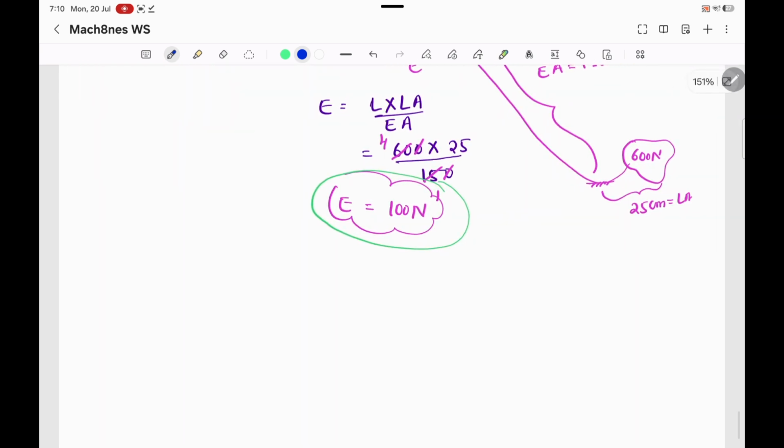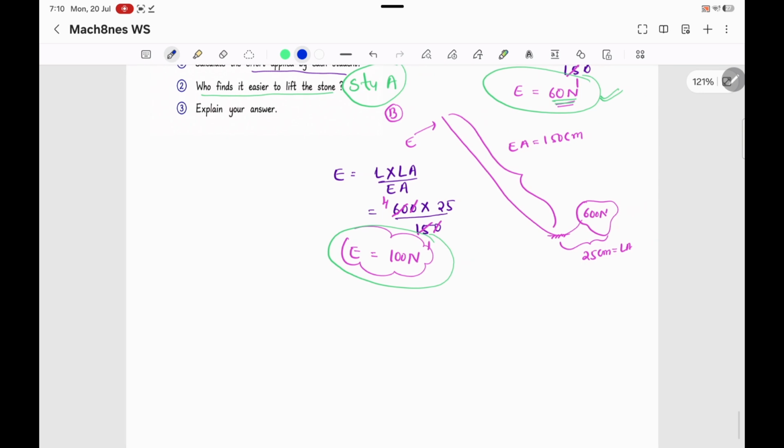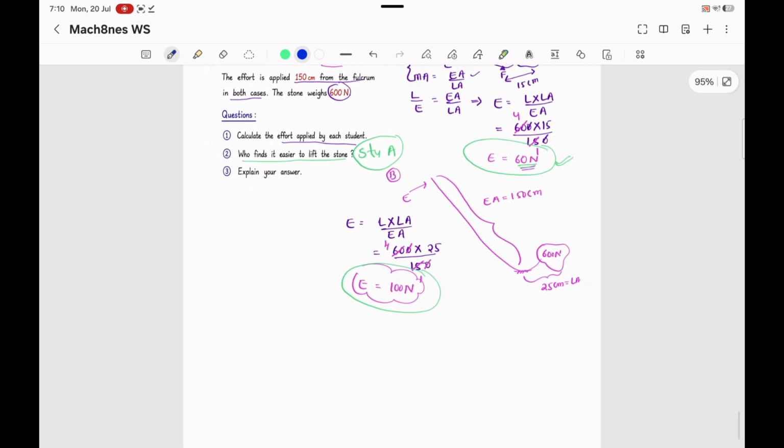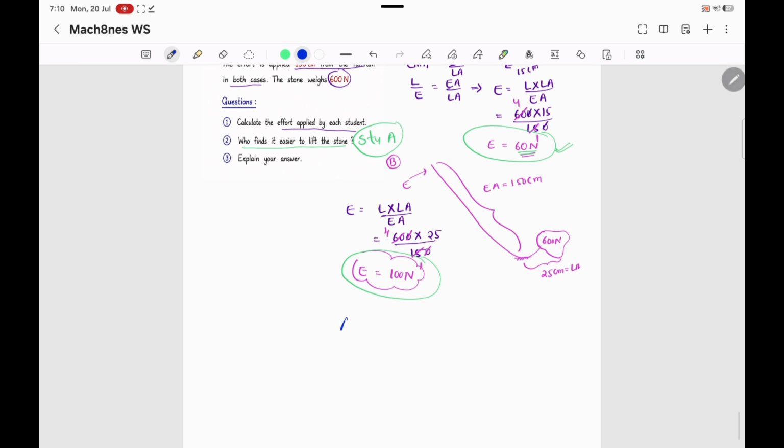Children, we know that here, as per what you can see, load arm and effort arm. In the first case, what is happening here? Load arm is less, right? In student A's case, if you can notice, load arm is how much? 15 centimeters, but effort arm is common. Effort arm is how much more? That is 150 centimeters.